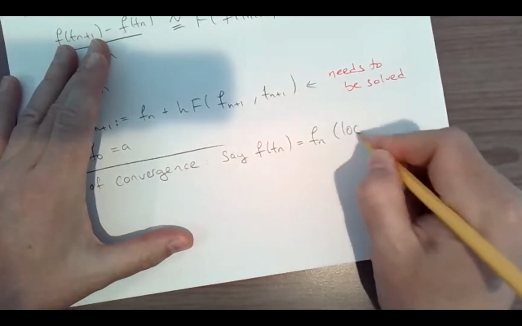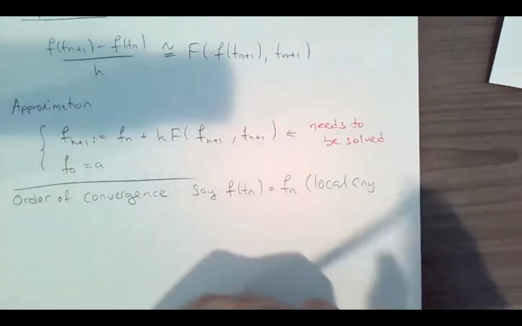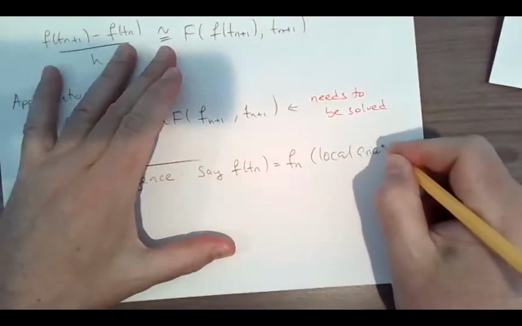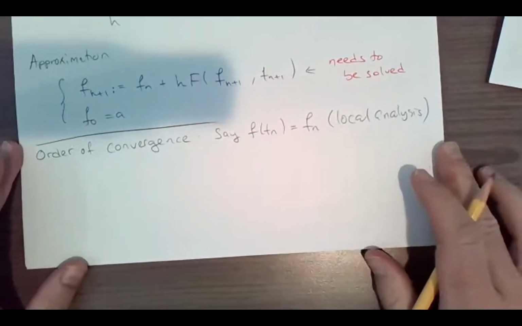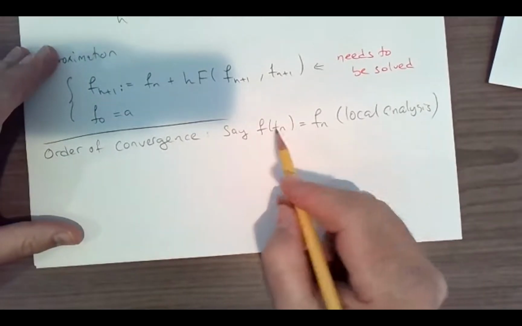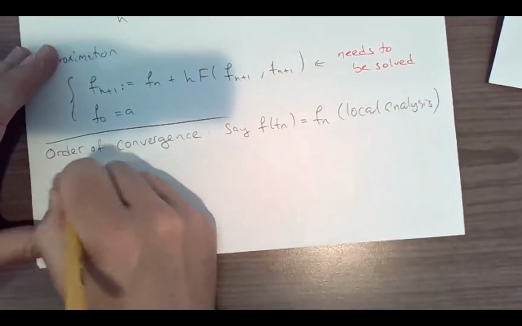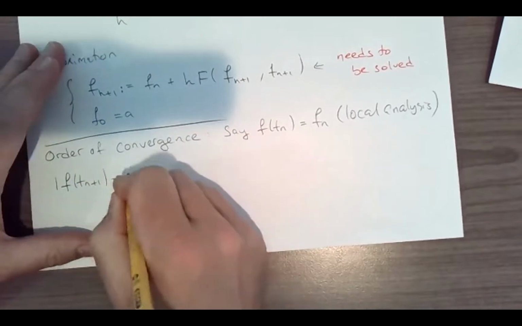So this is a local analysis. And what we're interested in is how good is the next approximation. So what we want to do is compare the actual solution with the approximation.